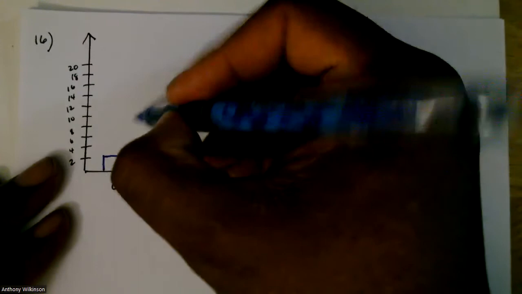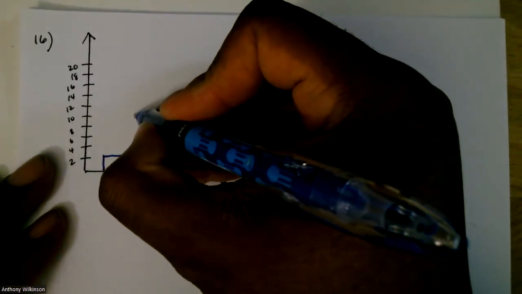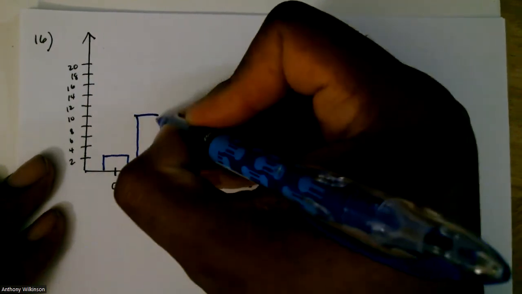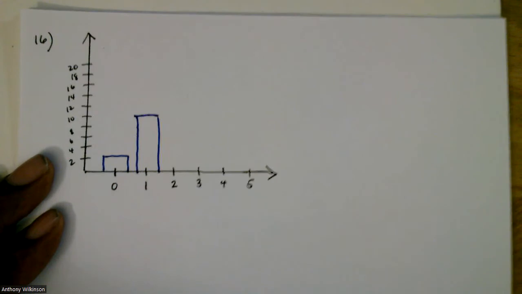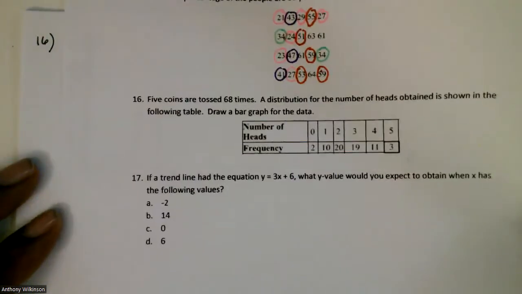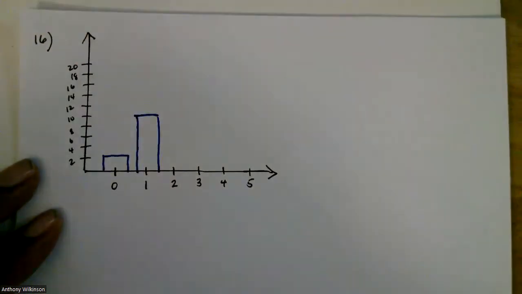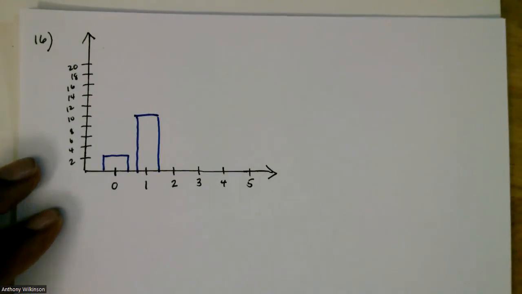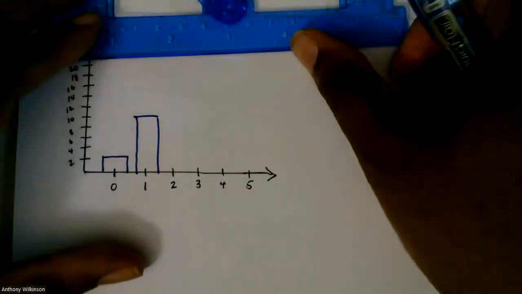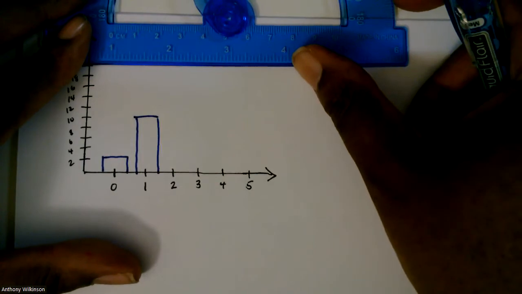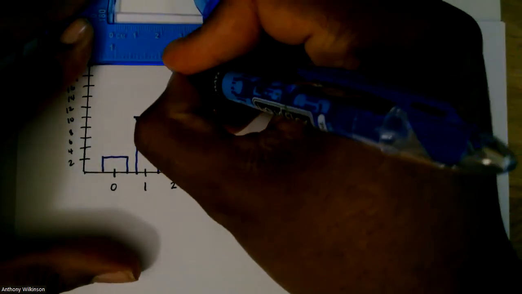So here's 10 up here. And then for 2, that's 20. Okay. So here's 20 up here. So I'm going to draw a line up here.